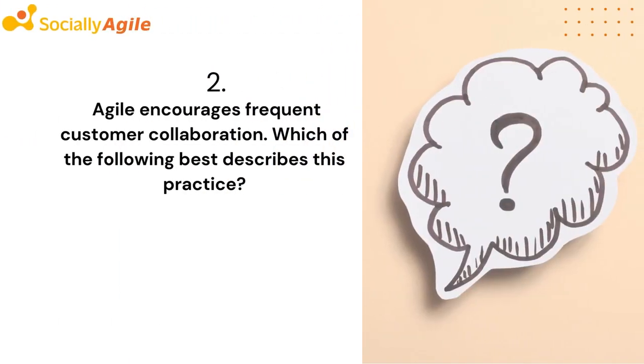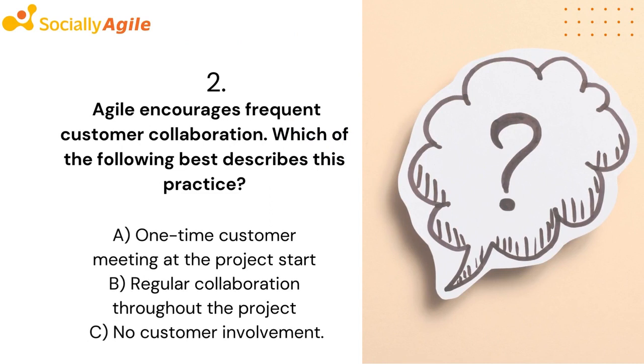Question number 2. Agile encourages frequent customer collaboration. Which of the following best describes this practice? A. One-time customer meeting at the project start. B. Regular collaboration throughout the project. C. No customer involvement.